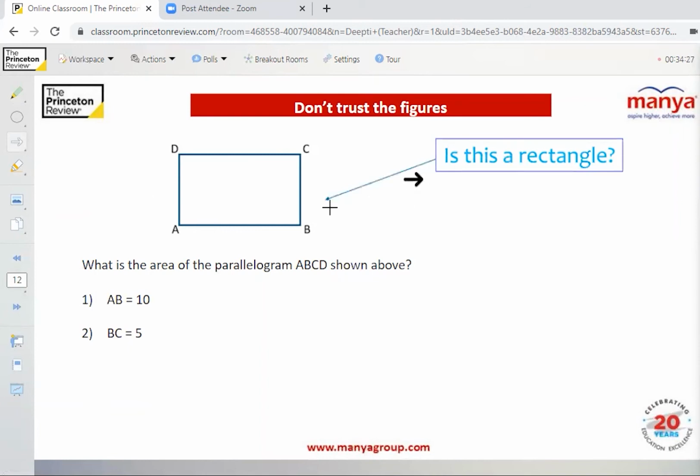The answer is yes, but is it a rectangle? No, it is not a rectangle because it is nowhere mentioned in the question. The question states area of parallelogram ABCD. So this is actually a parallelogram which looks like a rectangle. So you must trust only the information given in the question. Don't trust the figure on data sufficiency questions.